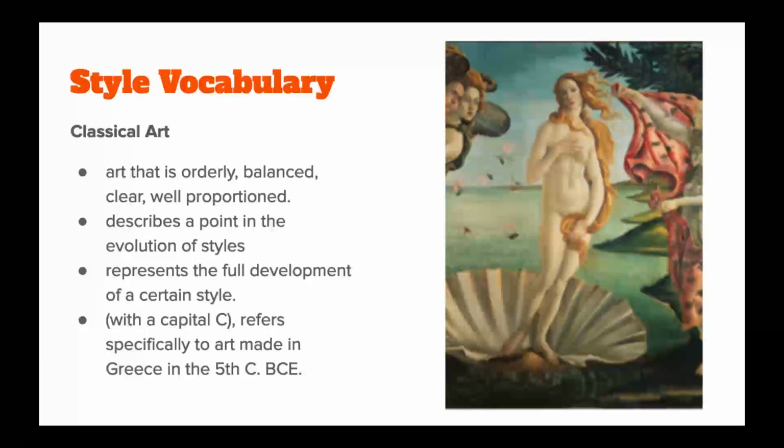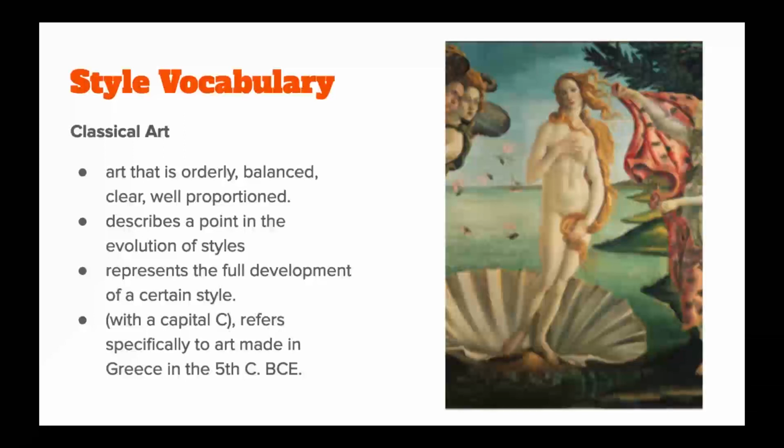And when you look at that kind of classical art, classical art is art that can be defined as being orderly, balanced, clear, and well proportioned. It can describe a point in the evolution of styles, and it represents the full development of a certain style that we do call classical art. This refers specifically to art made in Greece during the 5th century.